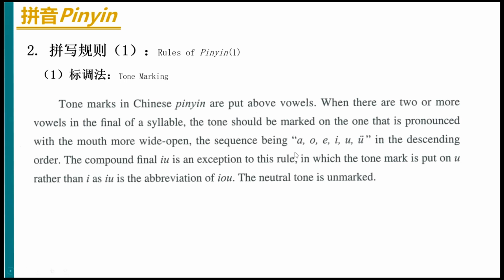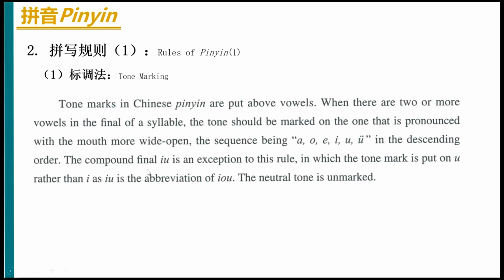So please, when you're remembering these vowels, try to remember it in this order, so that not only you remembered the vowels of Chinese language, but also know where we should put the tone. The sequence being A, O, E, I, U, Ü in the descending order.